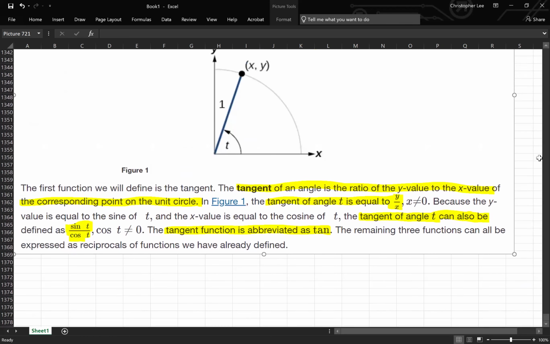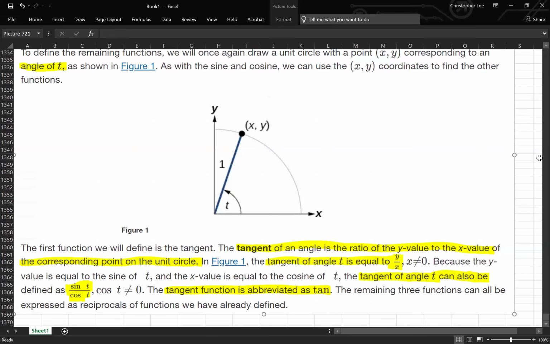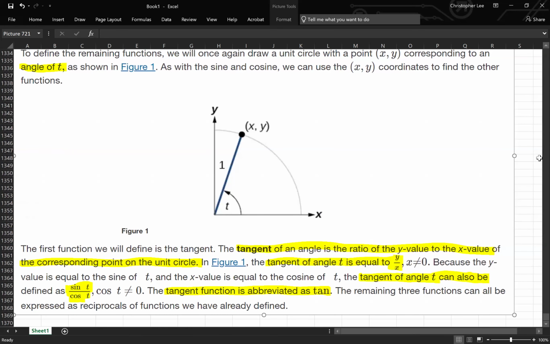The first function we will define is the tangent. The tangent of an angle is the ratio of the y value to the x value of the corresponding point on the unit circle. The tangent of angle t is equal to y over x, where x does not equal 0.